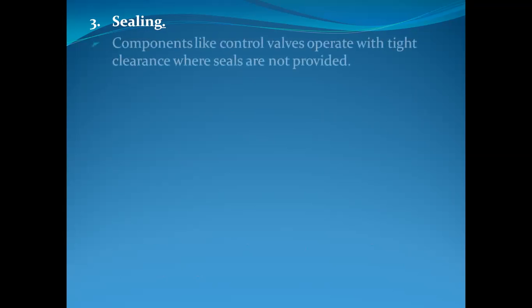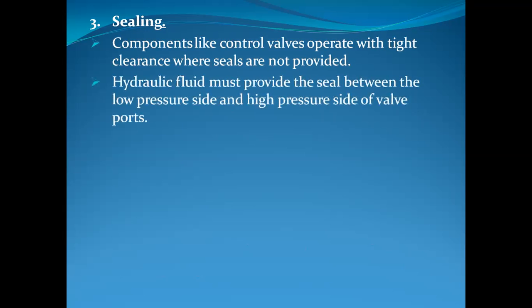That is explained here. Components like control valves operate with high tight clearance, where seals are not provided. Seals means products made of rubber or some other material. Hydraulic fluid must provide the seal between the low pressure side and the high pressure side of the valve port. Port is the opening.